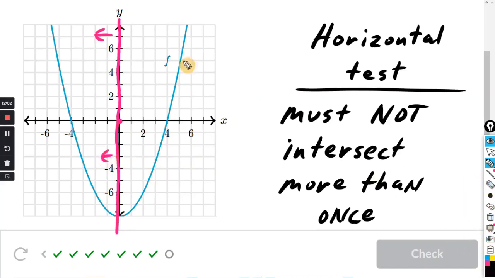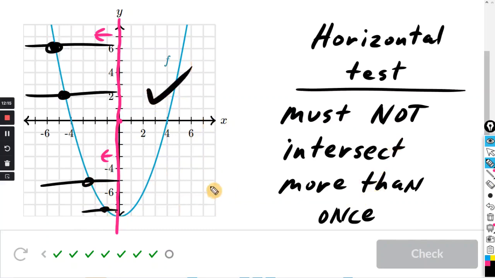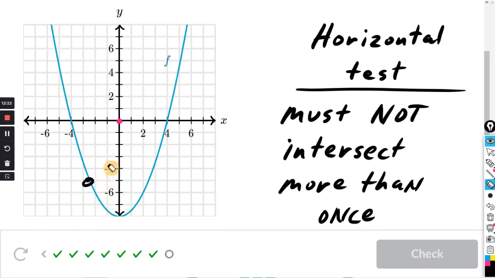And you can see here, if you try the test, it only hits it once. Everywhere you go, it only hits it once. Even way down here, it's only once. As long as it's not more than once, you're good. So for x less than or equal to 0, it passes. So the first one is good.